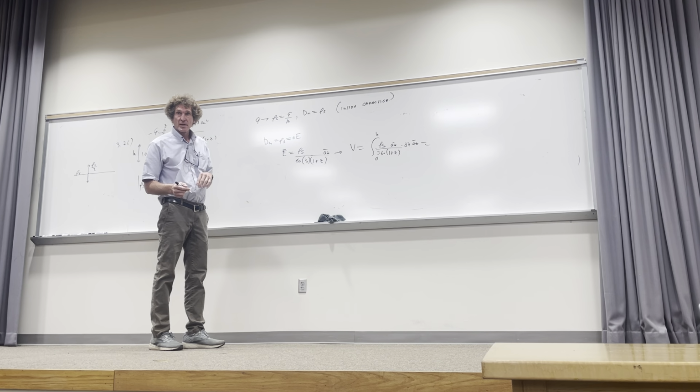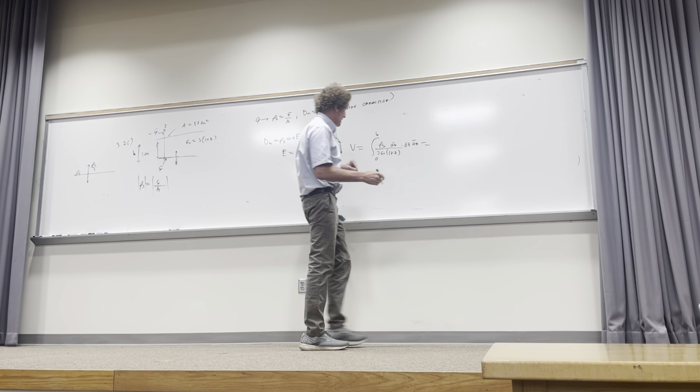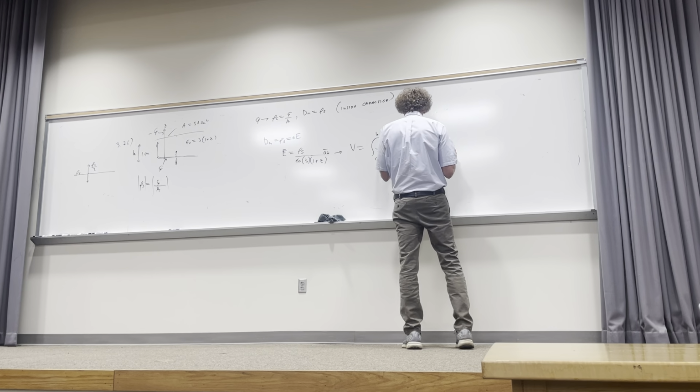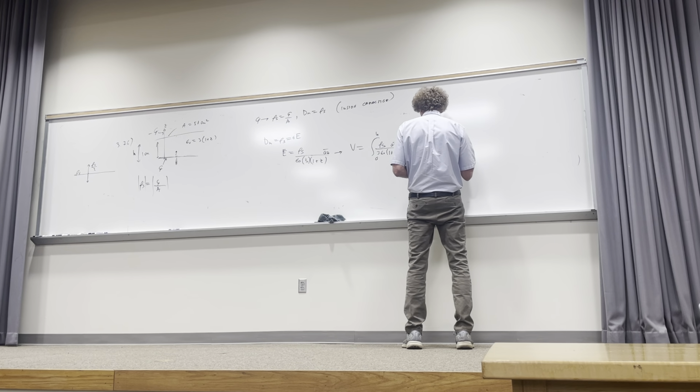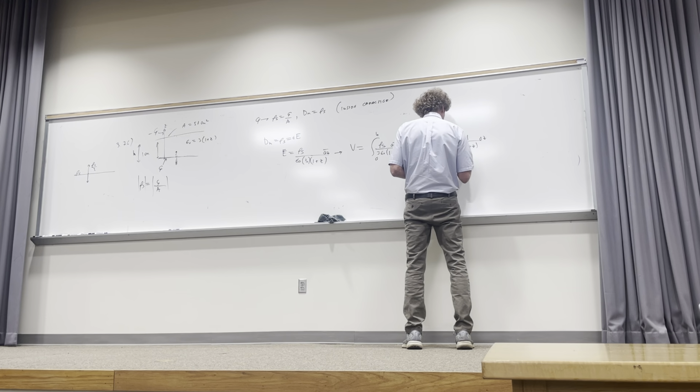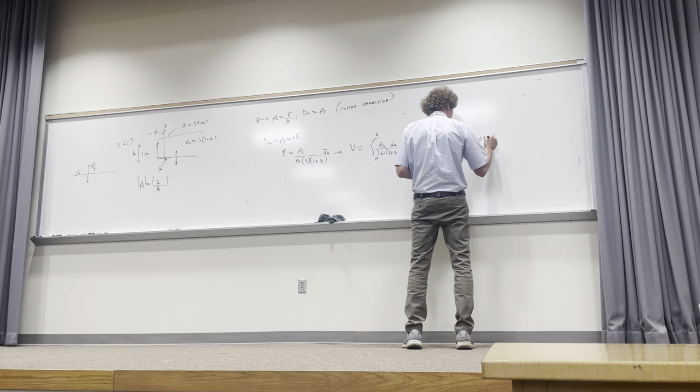Do y'all follow me? When I do this, I get rho s over 3 epsilon naught. The azs are going to dot out to 1, and then I get the integral of 1 over 1 plus z dz from 0 to h.